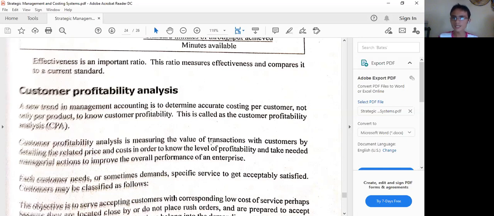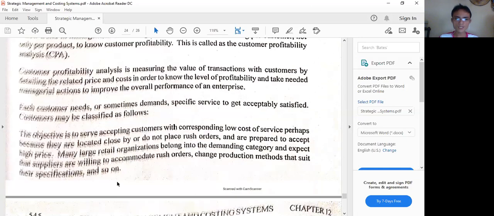So we do not eliminate immediately if ever we found out that a certain customer is not giving us a lot of profits, or is negative for the meantime. We have to scrutinize further before stopping any contract with that customer.